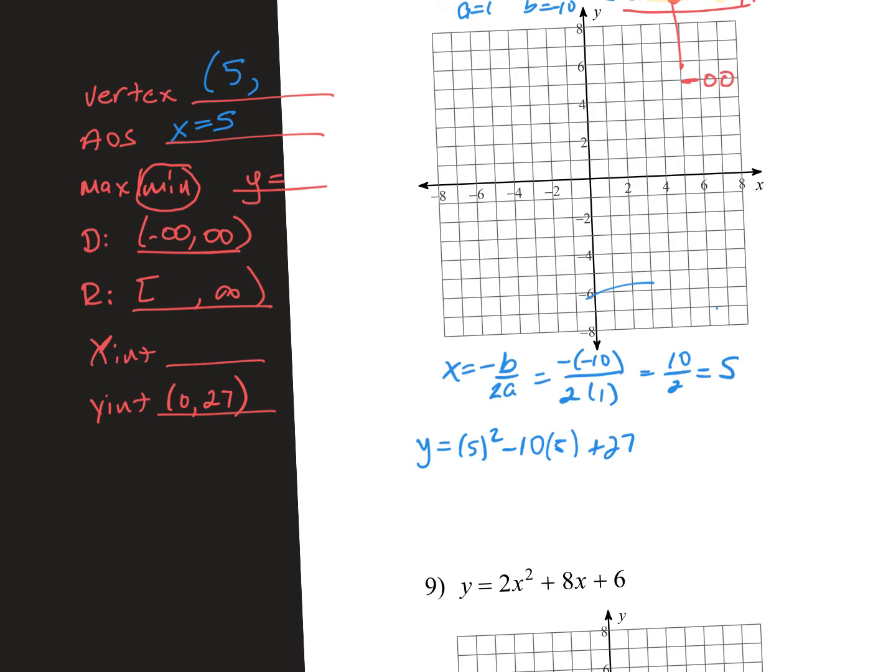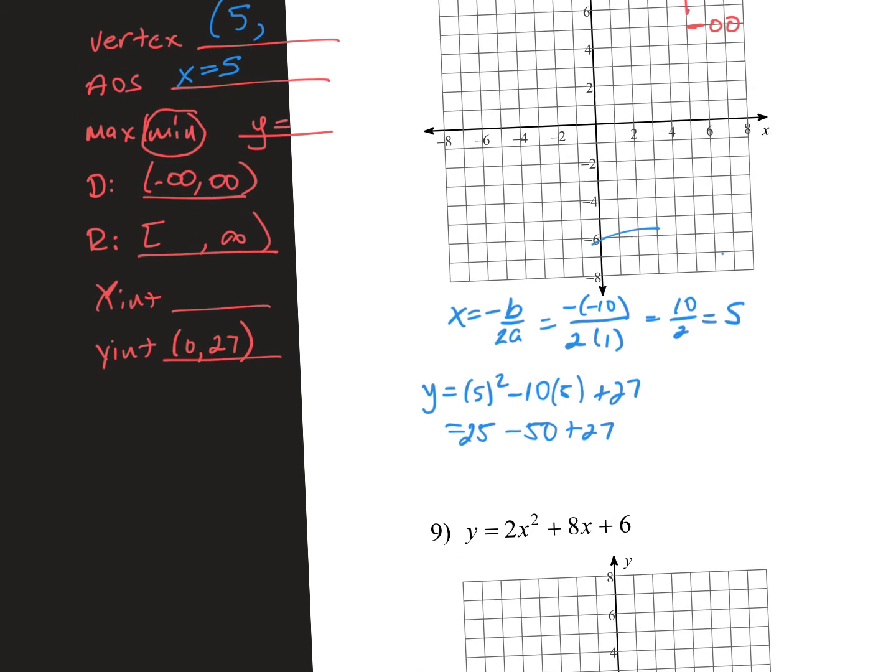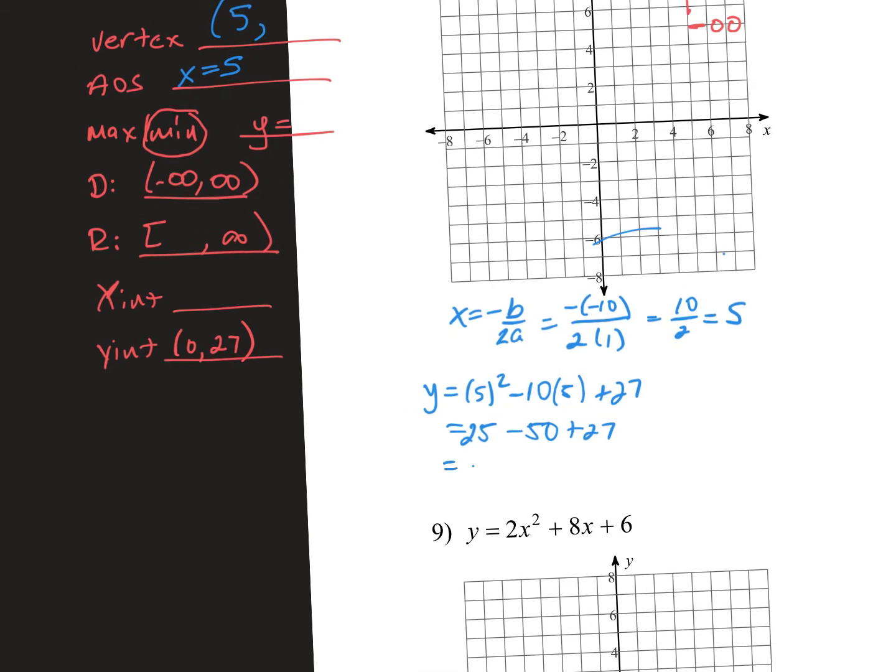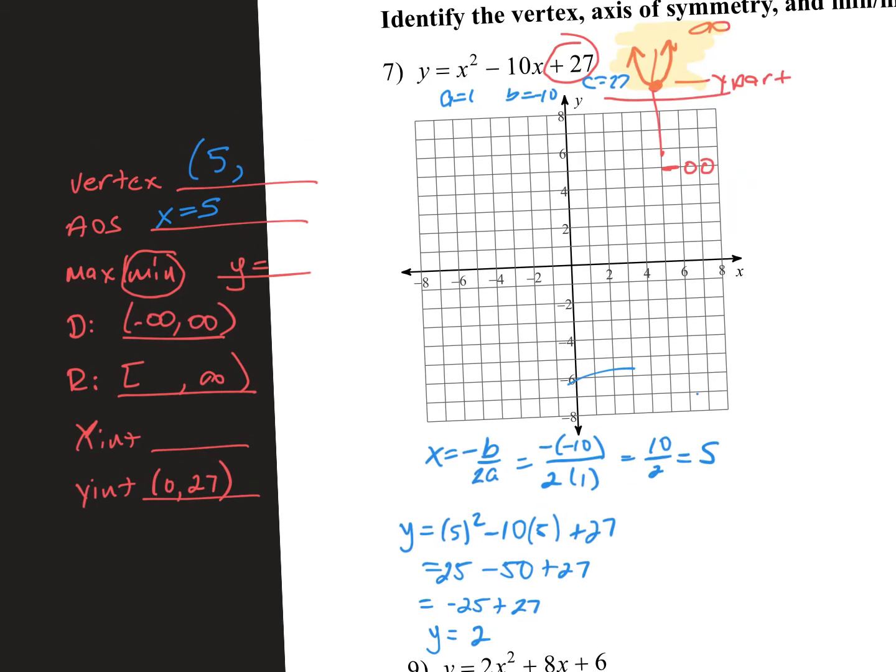Well, what is 5 squared? 25 minus 50 plus 27. What's 25 minus 50? Negative 25 plus 27. What does y equal? 2. So my vertex is at (5, 2).